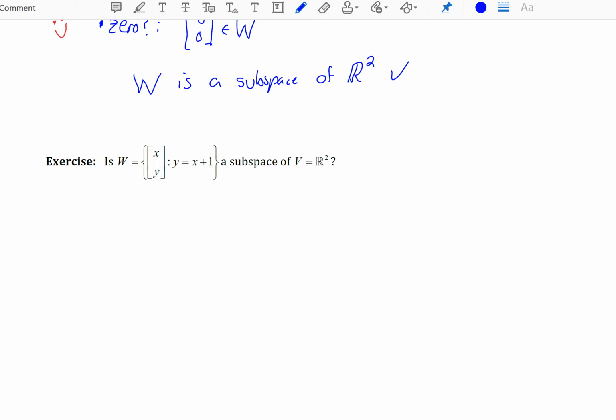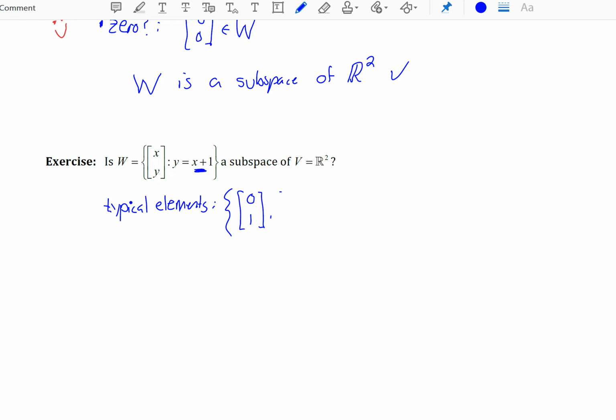Okay, let's see how you did. So W. Again, I like writing out some typical elements just so we can get a handle on what elements of W look like. So maybe some typical elements of W might be if X is 0, Y is 1. Plug in 0 here, you get Y is 1.